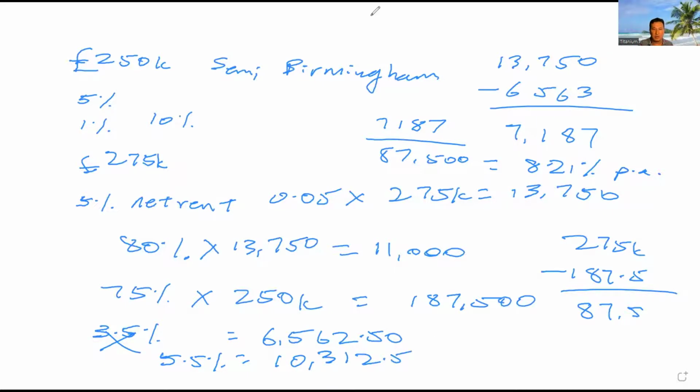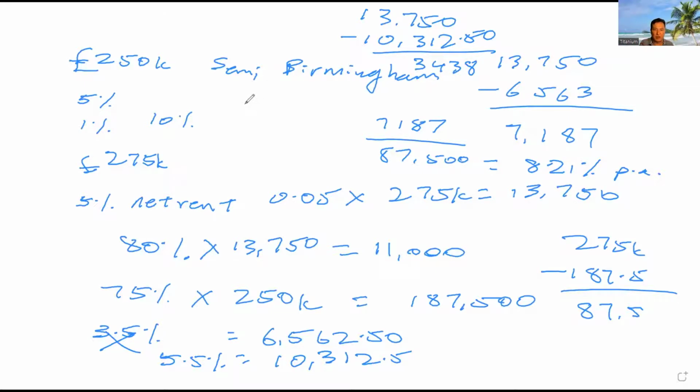So what's your new number? 13,750 minus 10,312.5. What kind of profit are you going to end up with? It's only 3,438, rounding up. So you have a measly profit of 3,438 because of a 2 percentage point increase.